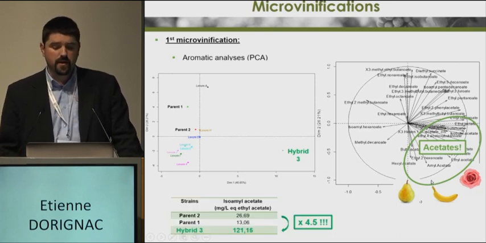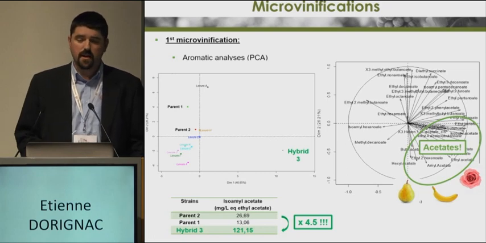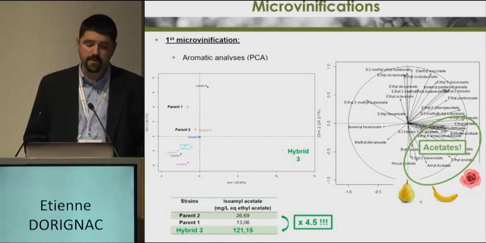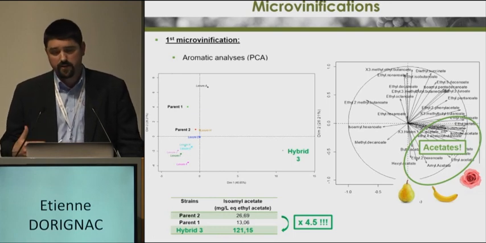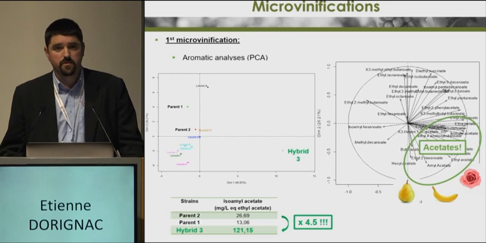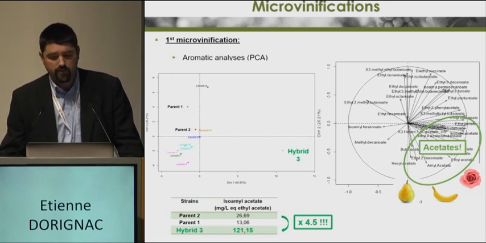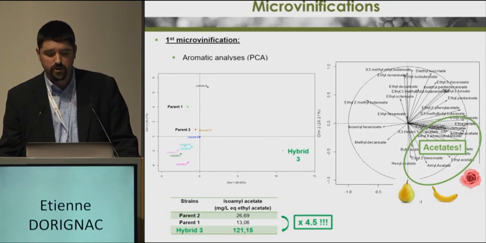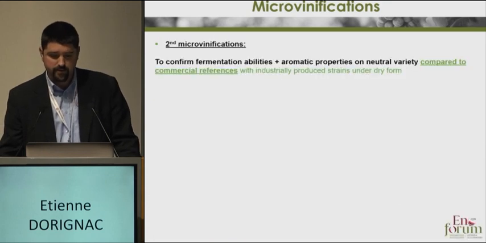This hybrid was 4 to 5 times overproducing isoamyl acetate compared to parent 2, the one expressing the most of these compounds. So it was a very specific strain in terms of low SO2, but also overproduction of acetate esters.